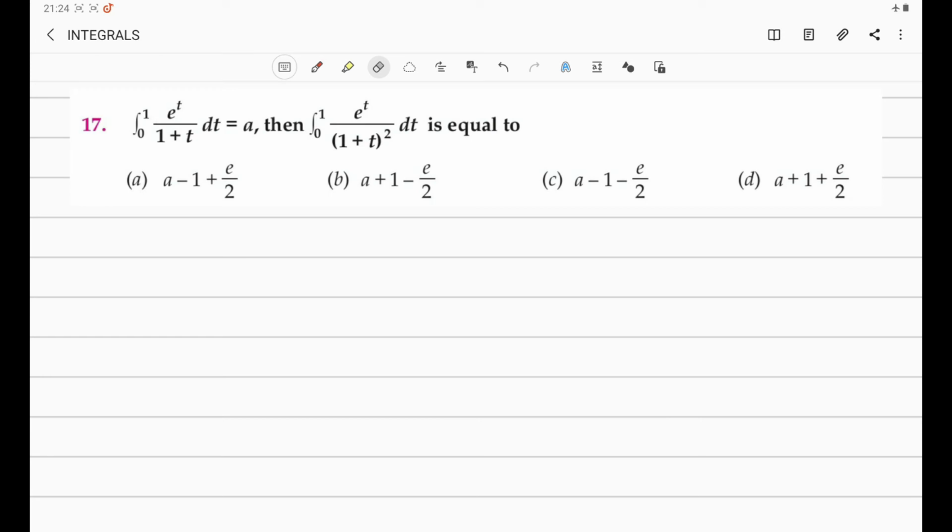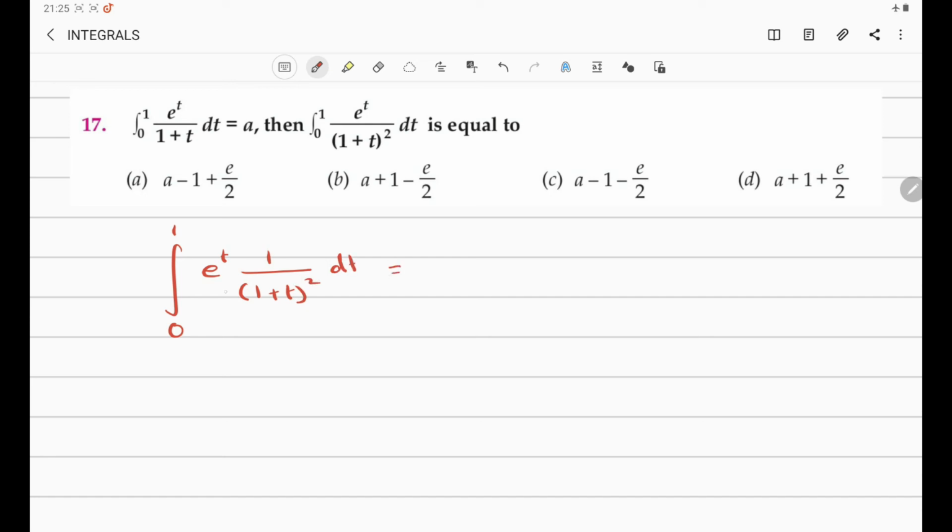Question number 17. Integral 0 to 1 e power t by 1 plus t dt equals a. Then integral 0 to 1 e power t by (1 plus t) whole square dt is equal to. So let us consider integral 0 to 1 e to the power of t into 1 by (1 plus t) whole square dt.